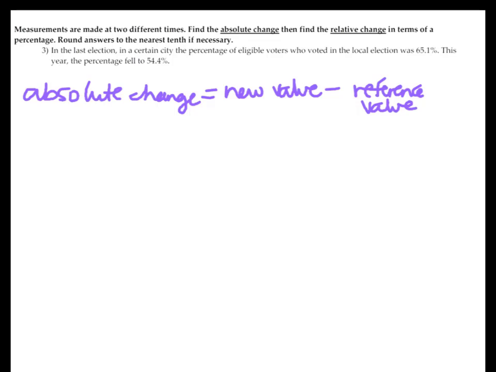So it measures the actual increase or decrease from the reference value to the new value. So for this particular problem, the new value is 54.4%, right? It says this year, the percentage fell to 54.4%. So it is 54.4.